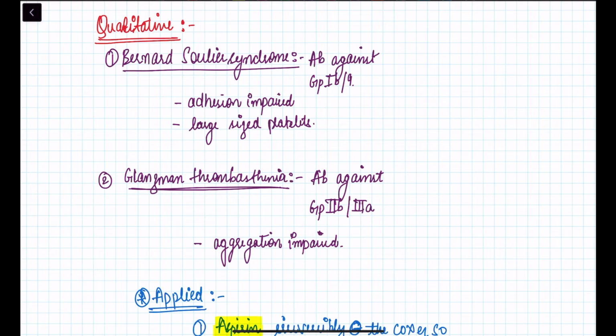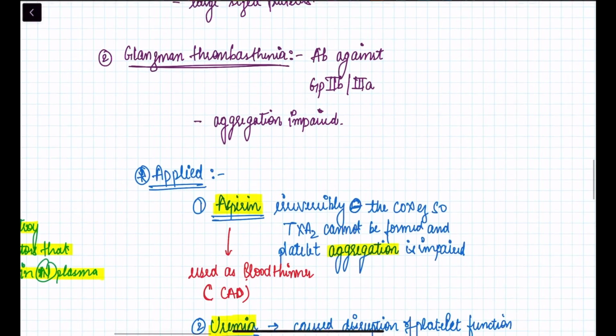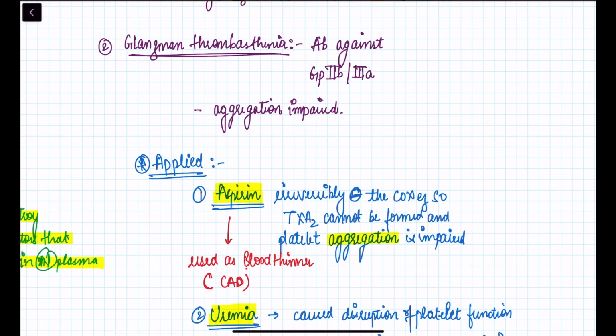And there's a little mnemonic here, so big B, the initials of the disorder, BS, big, this will be larger sized. Second, in the qualitative, we have Glanzmann thrombasthenia, where there will be antibody against the other receptor, which was GP2B3A.